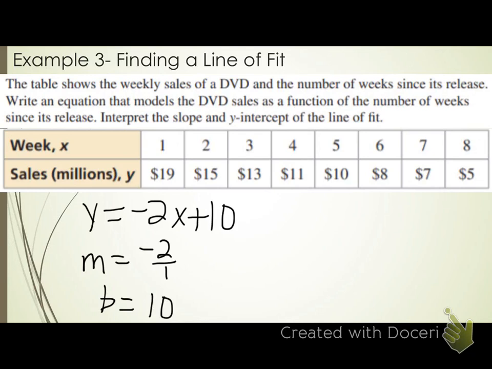Does that make sense? Okay, now we need to interpret the y-intercept. The y-intercept is what? 10. So that'd be an ordered pair of 0, 10, right? So what do you think my y-intercept means in this situation?